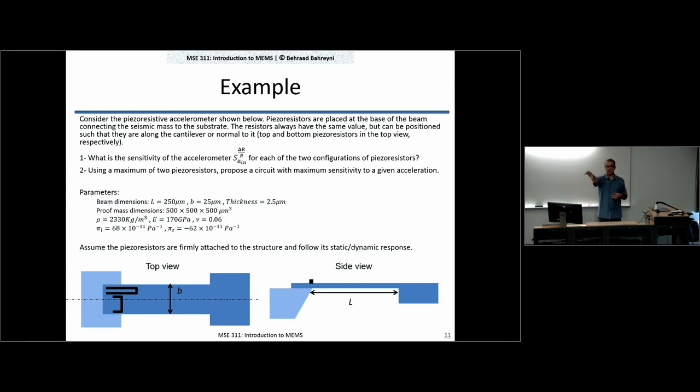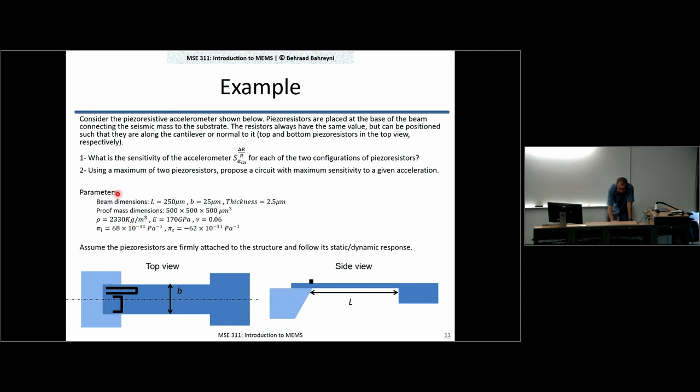In this case, we have a proof mass at the tip of the cantilever, and the force is the inertial force due to the acceleration that is applied to the device. So it's a piezoresistive accelerometer, and what you want to find out is, if you have two configurations of piezoresistors, one longitudinal and one transverse, what are the sensitivities that we get? And how can we produce a circuit to get a maximum signal out of this device?